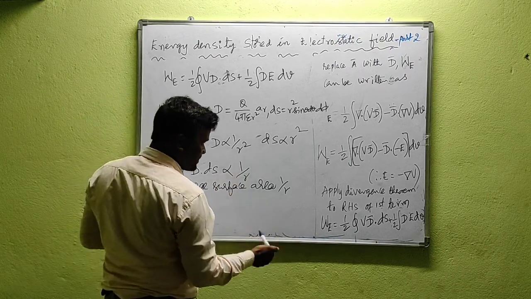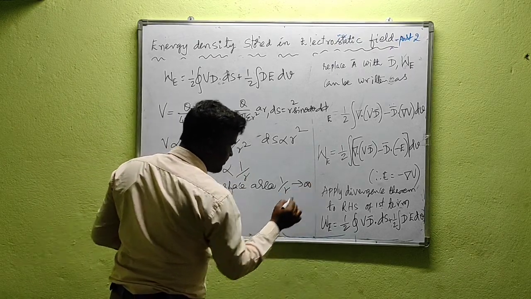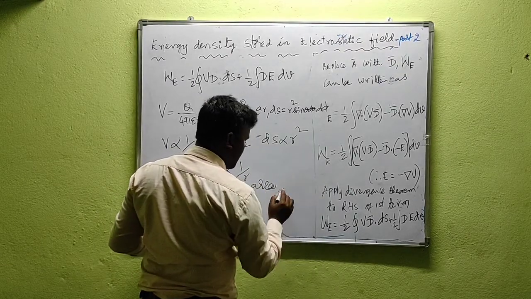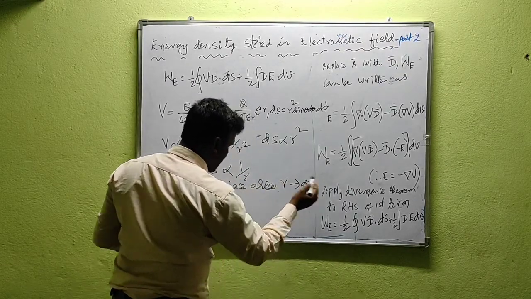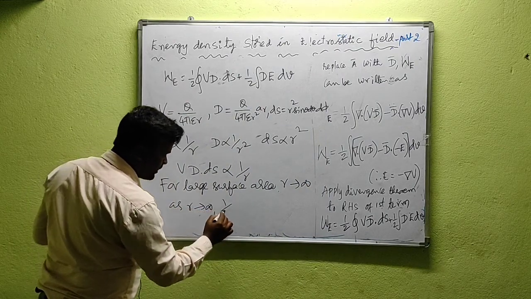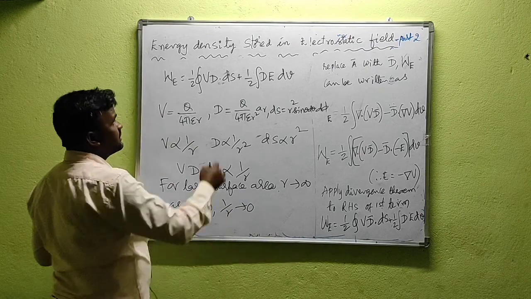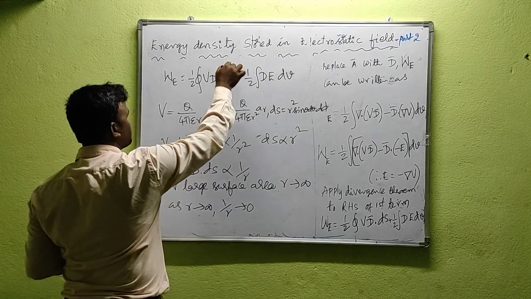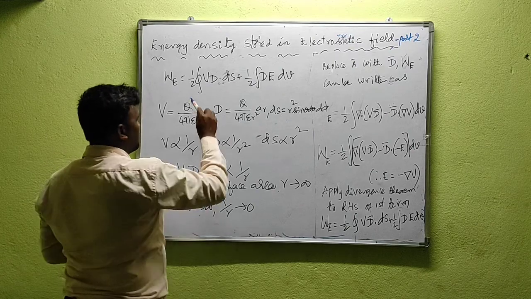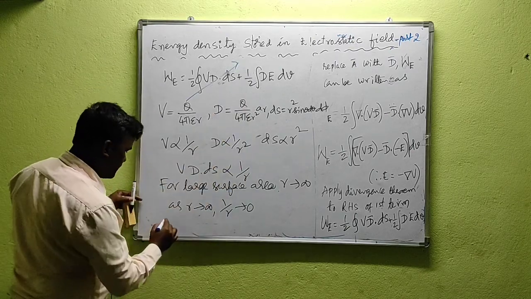For large surface area, r tends to infinity. As r tends to infinity, 1 by r tends to 0. So that means this term becomes 0. So that's why the first term becomes 0 in the above equation.